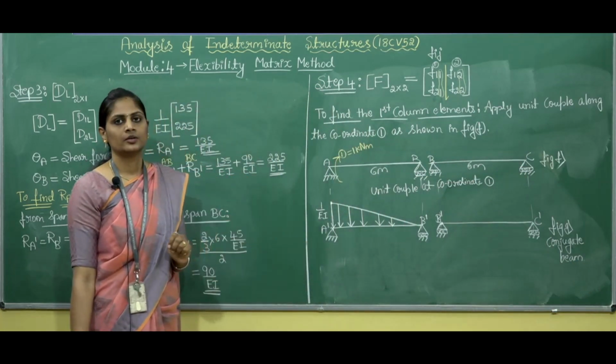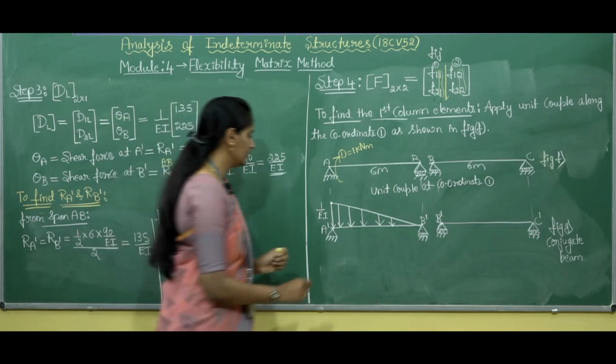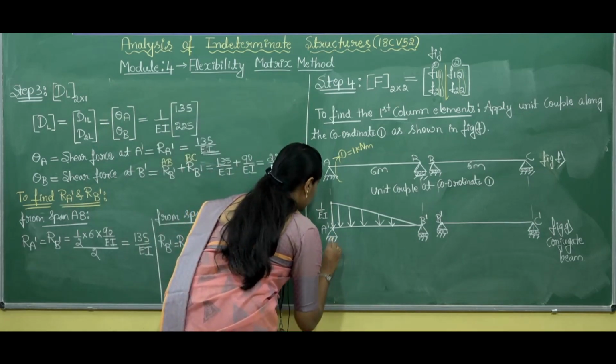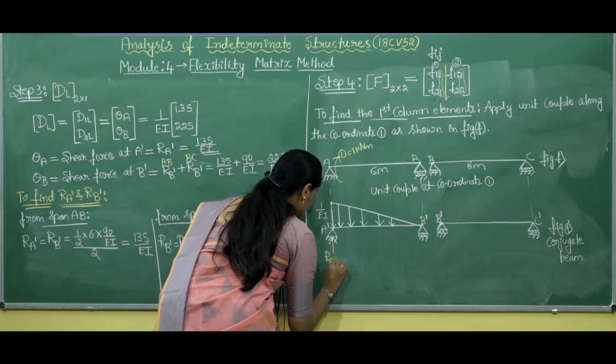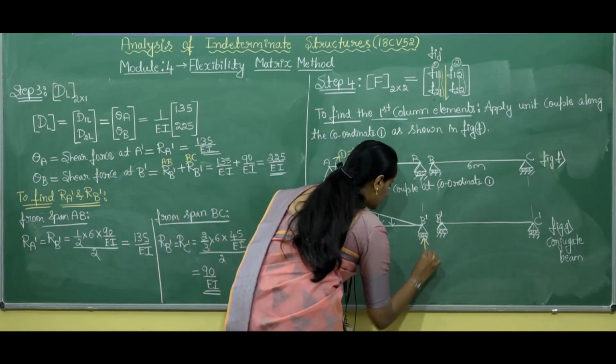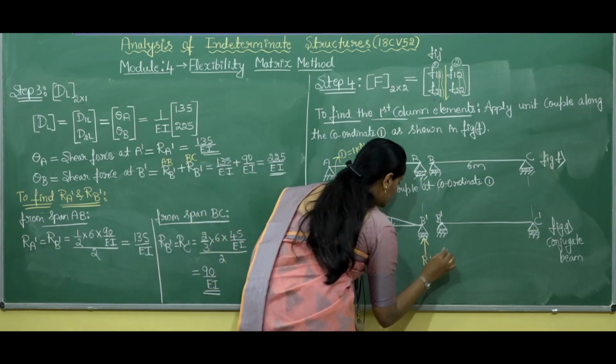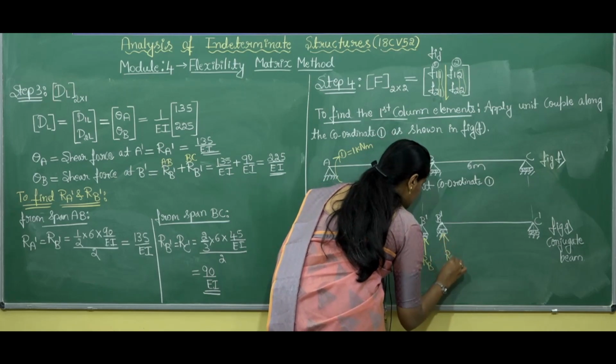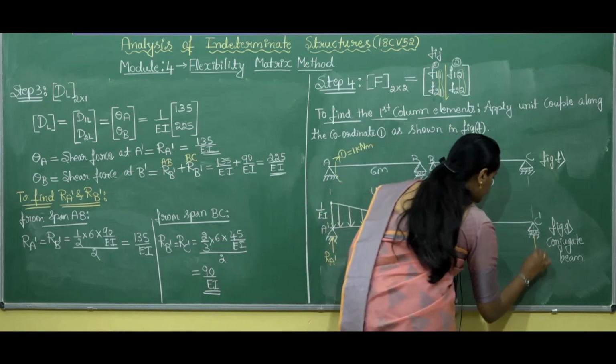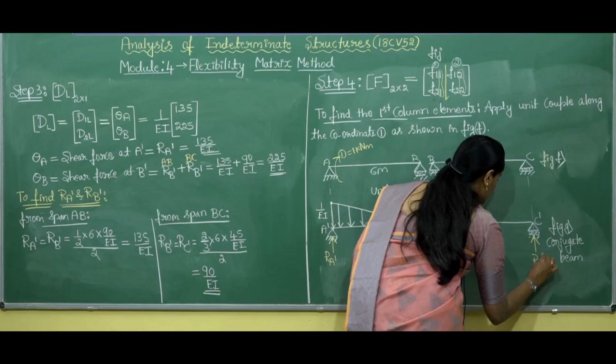So here we need to find the reactions, that is RA dash, RB dash for span AB and also for span BC we need to find out RB dash and RC dash.